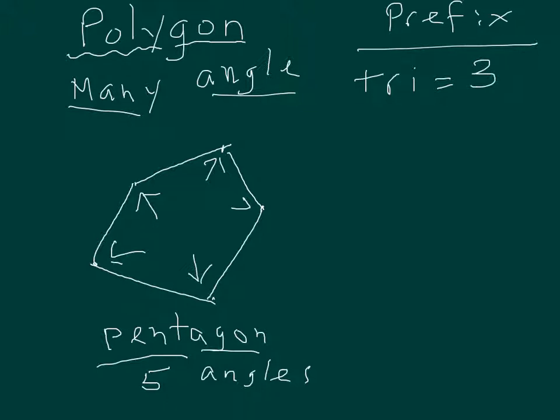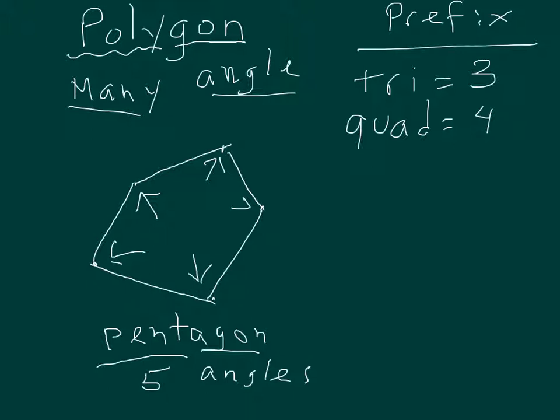Triangles have 3 angles. Tricycles have 3 wheels. Tripods have 3 legs. Tri means 3. What about yesterday? Quad. Quadrangle, of course that means 4.